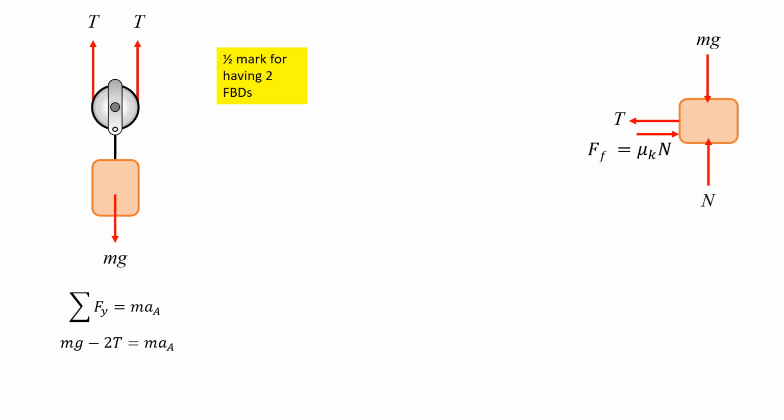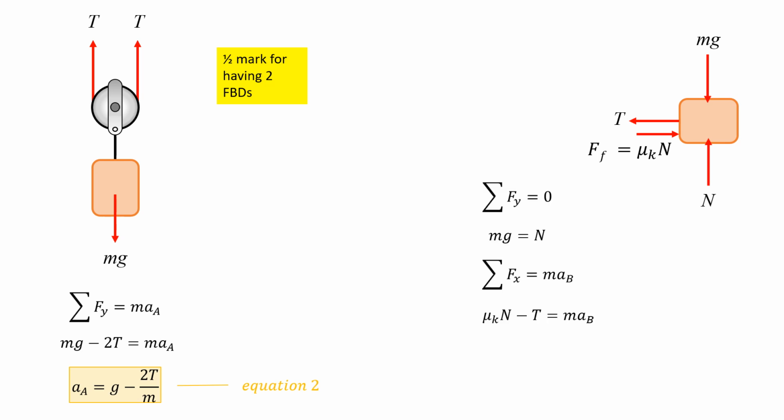Sum of forces in y equals mass times acceleration of A: mg minus 2t equals mass times acceleration of A. So acceleration of A equals g minus 2t over m. Sum of forces in y, mg equals n. Sum of forces in x, mu k n minus t equals m ab.